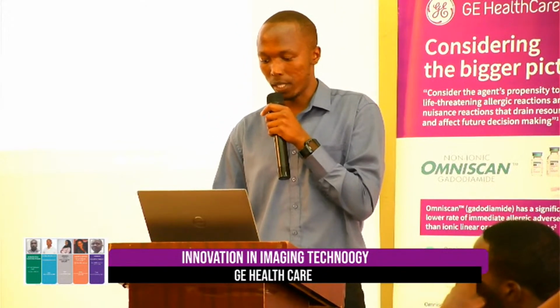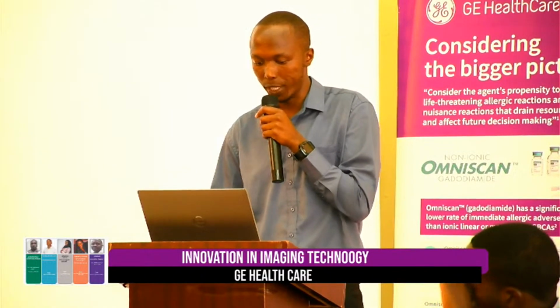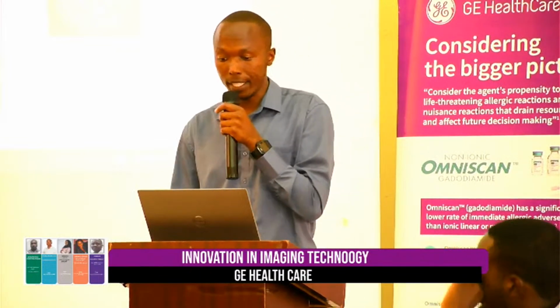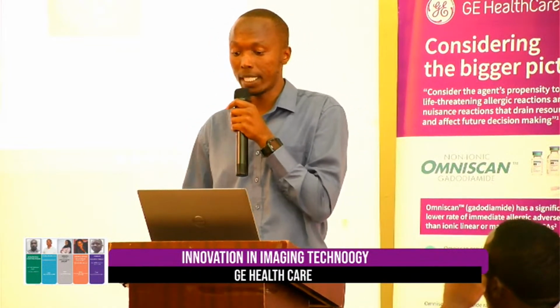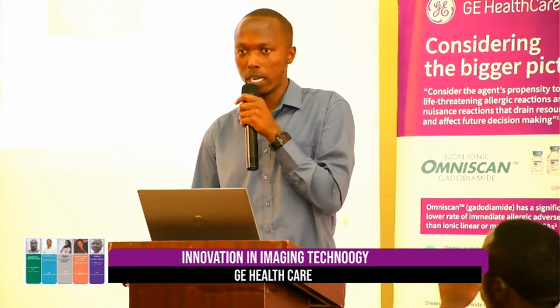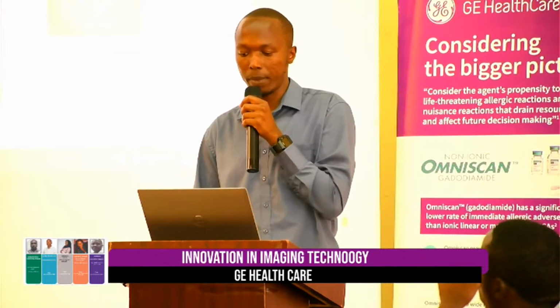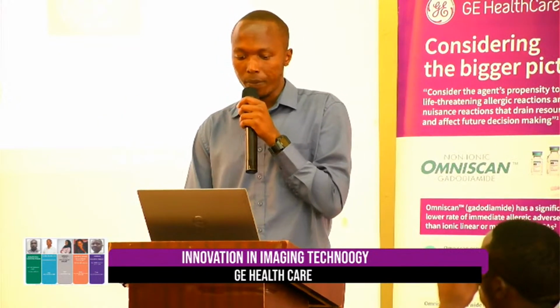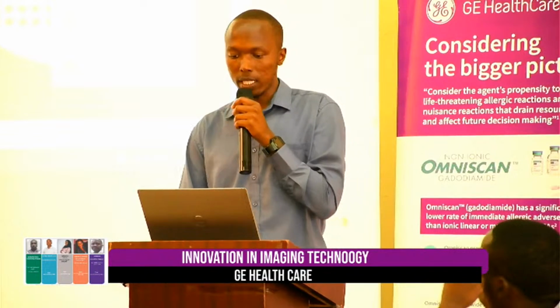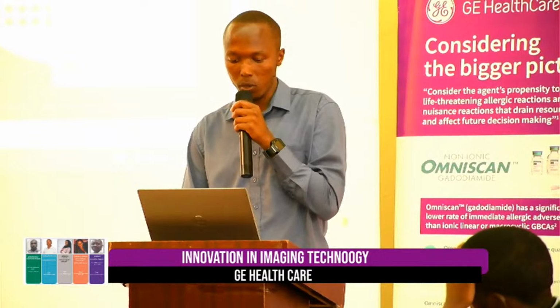Why am I mentioning this? This is because now with the AIR Recon deep learning technology, we are able to achieve a higher SNR and get sharper, clearer and more accurate images without sacrificing scan time. AIR Recon DL works on optimizing the raw data, not the processed image. This is just a scan of the phantom. In conventional imaging, you can see the small dots.